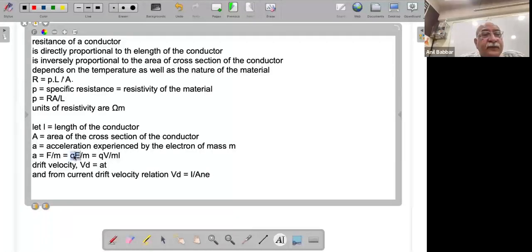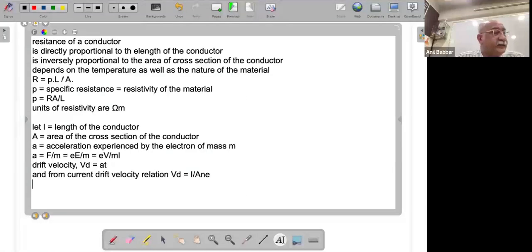So I can change Q to e here. Now, equating these equations 1, 2, 3, what do we get?